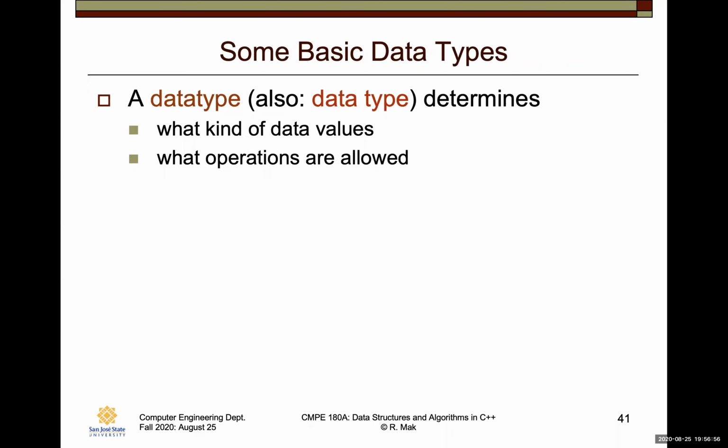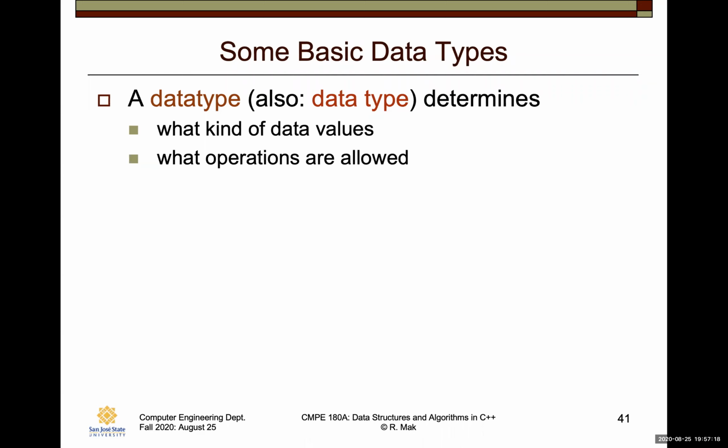Okay, so some basic data types. A data type, I tend to write it as one word, but sometimes you can see it as two words. When you specify the data type of a variable, it says what kinds of values that variable can have, and what operations are allowed.